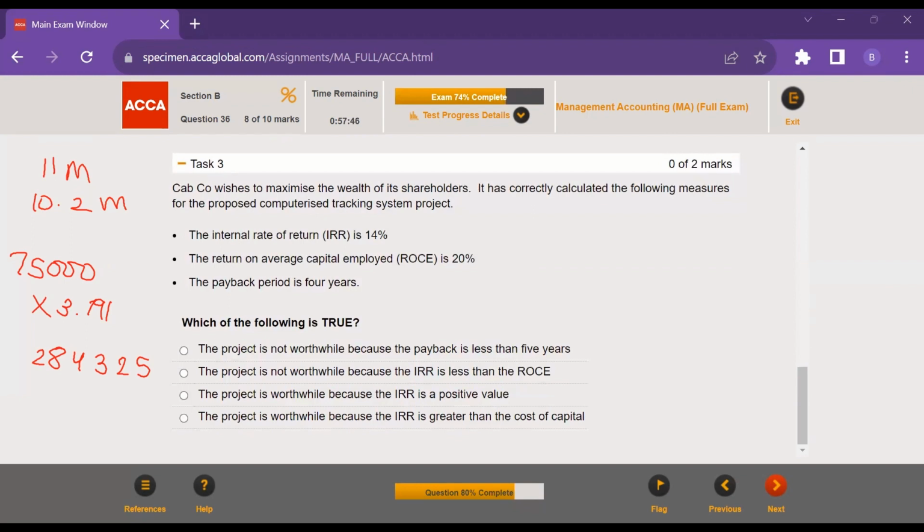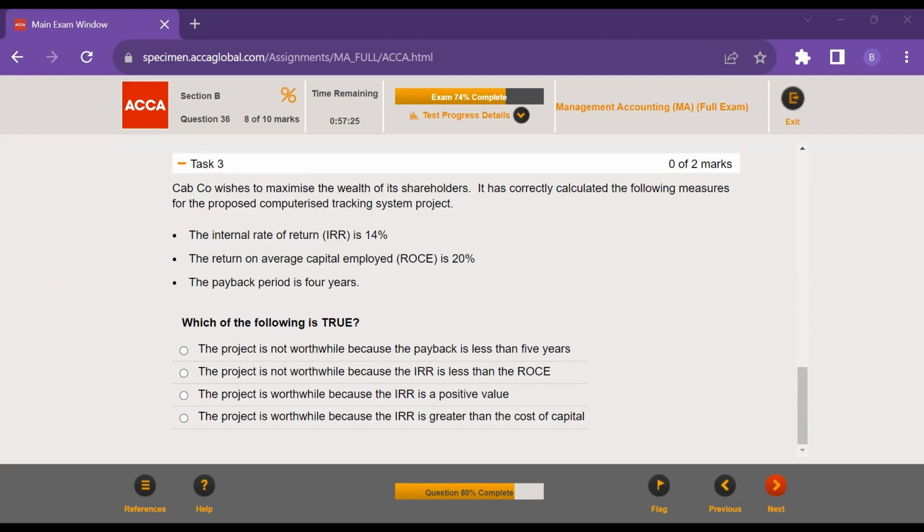Cab company wishes to maximize the wealth of its shareholders. It has correctly calculated the following measures for the proposed computerized tracking system project. So the IRR is given to us, ROC is given to us, and the payback is also given to us. So which of the following is true?